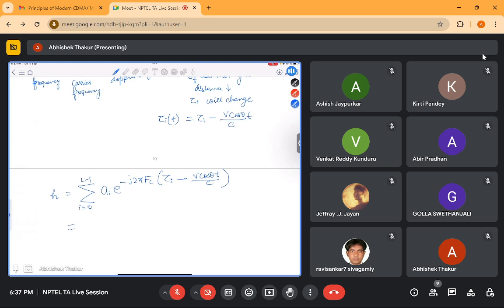So finally we can write it as a_i e to the power of minus j 2 pi fc tau_i into e to the power of minus j 2 pi fc v cos theta by c into t.